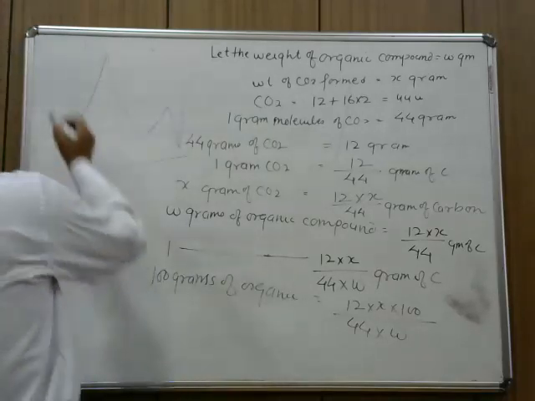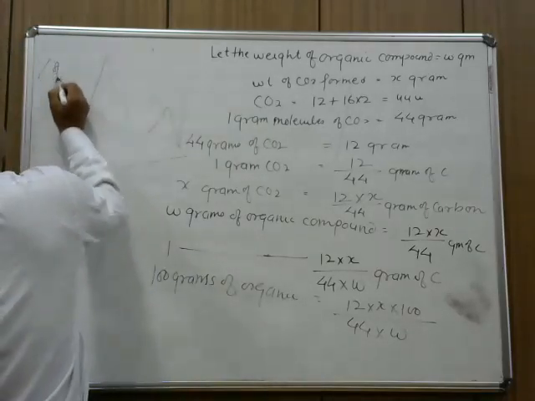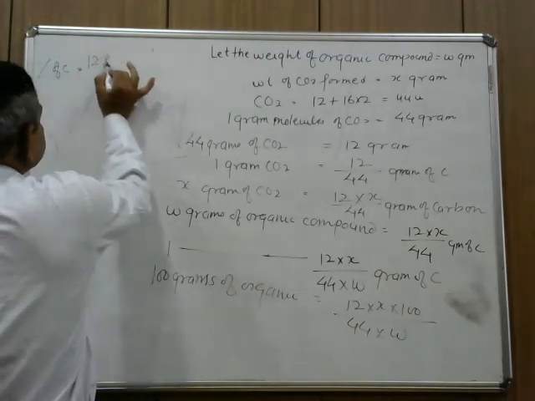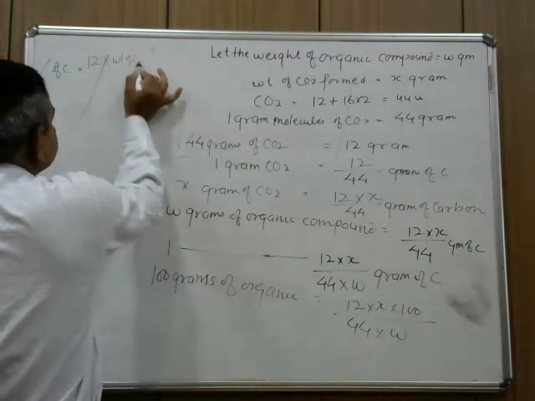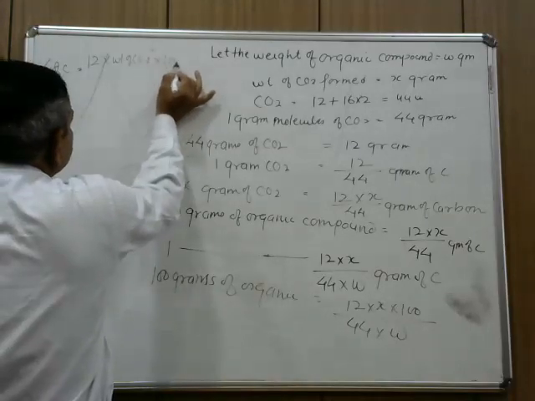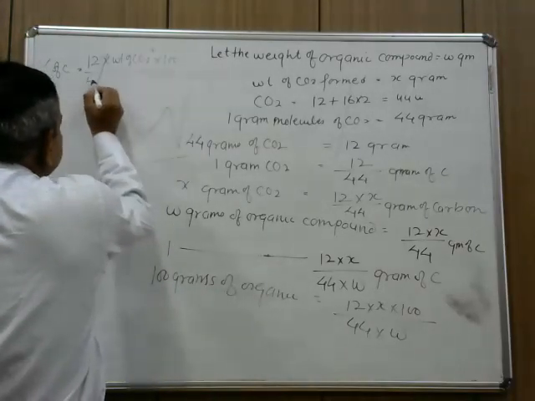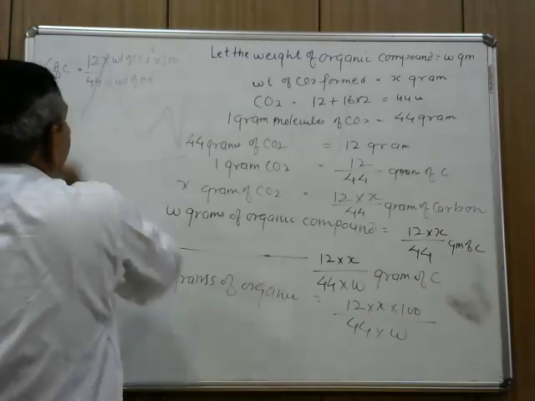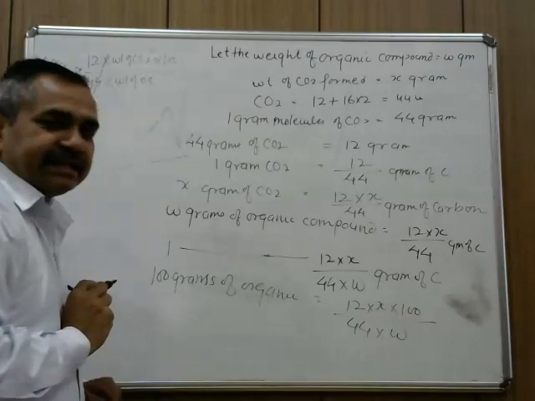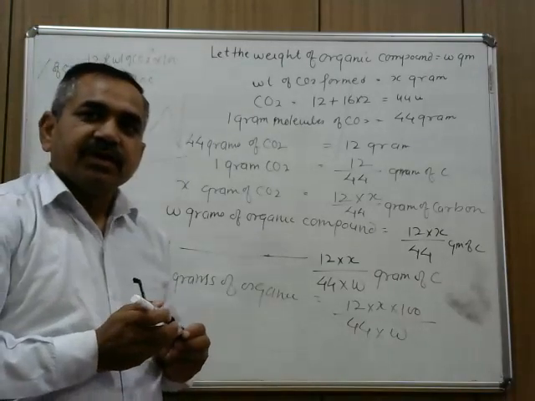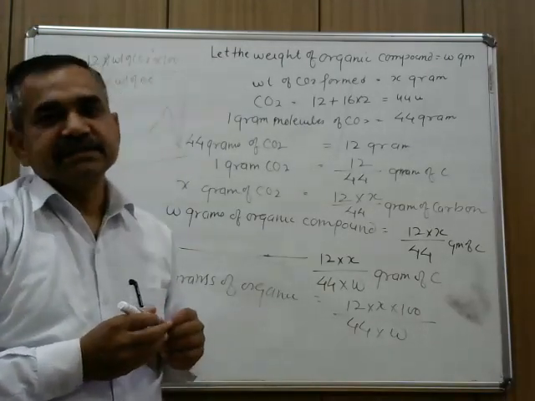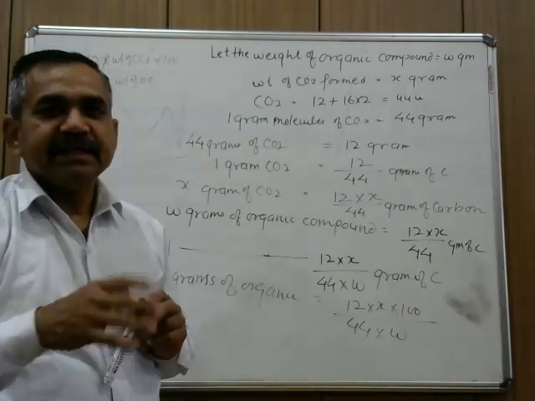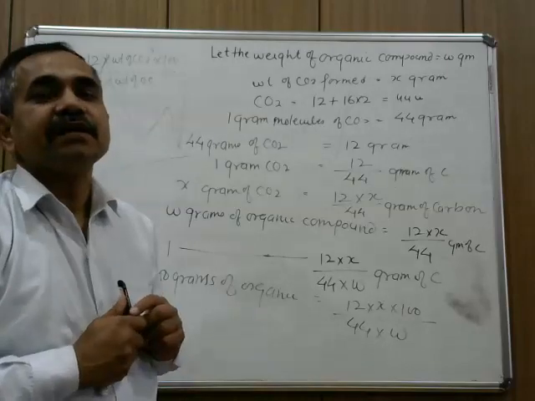So the percent of carbon is given by 12 into weight of CO2 into 100 divided by 44 into weight of organic compound taken. That is how we can calculate the percentage of carbon present in any given organic compound.